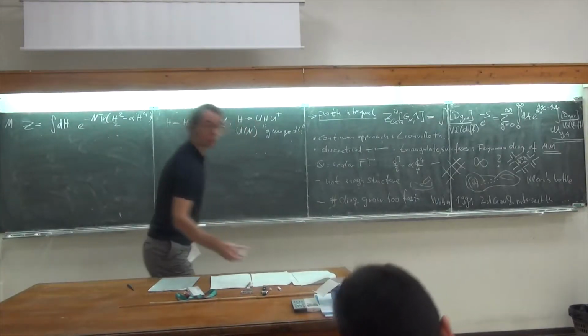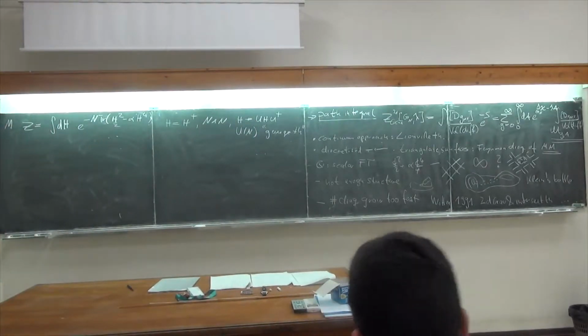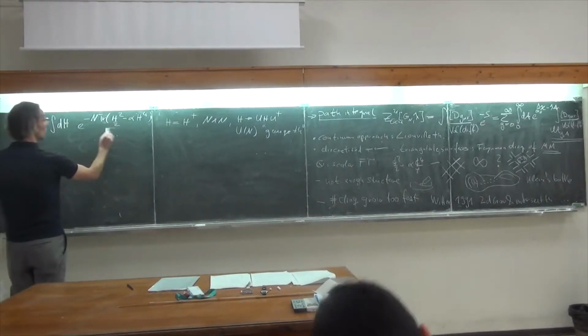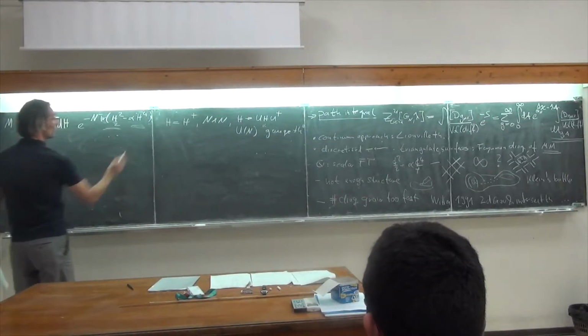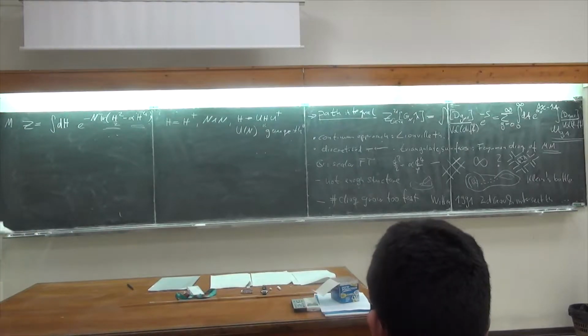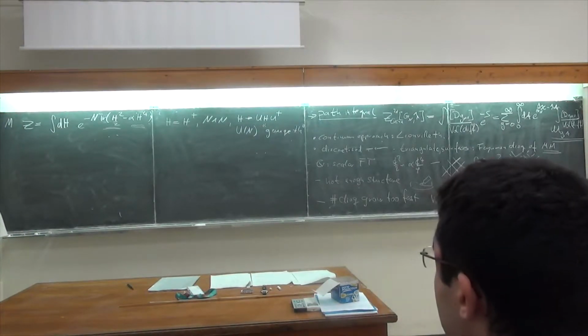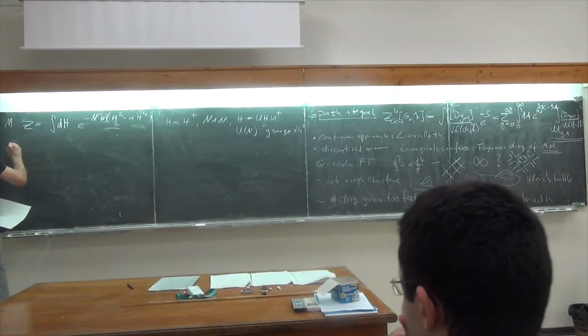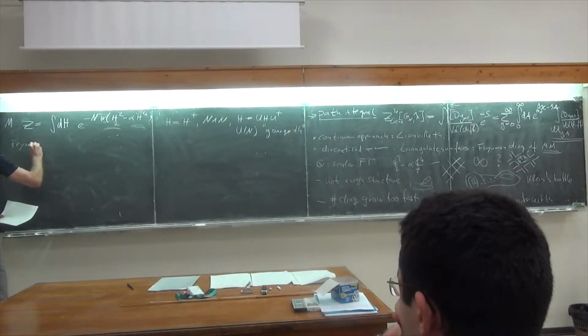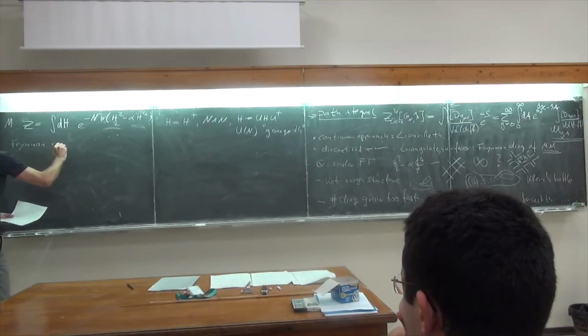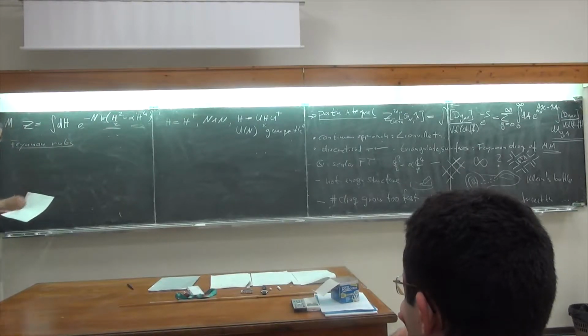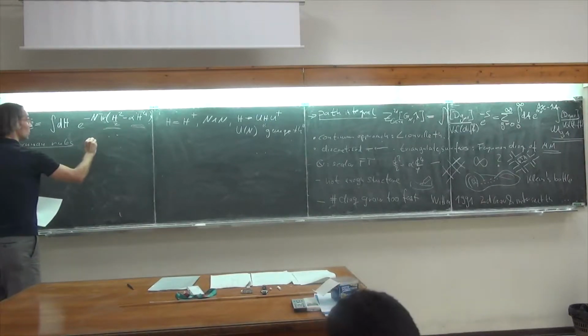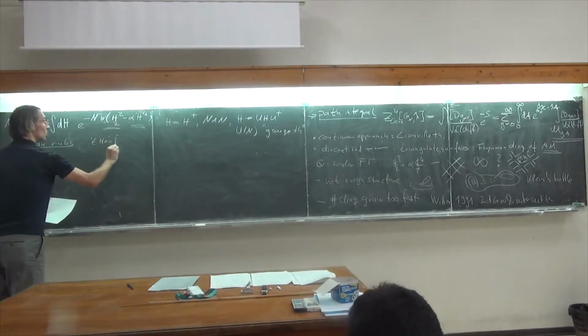So the Feynman rules are very simple. The propagator is just what we get from this, and then we get a vertex from this. And then we can glue diagrams together, and we can actually write down what they are. So we will use this double line notation that 't Hooft introduced.